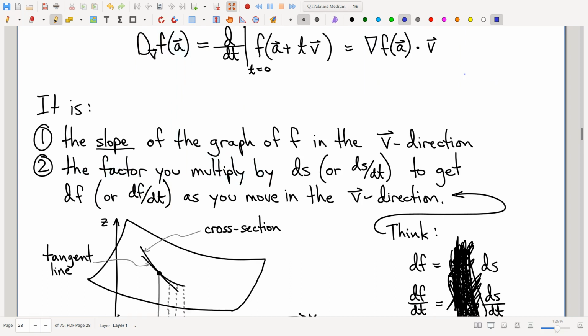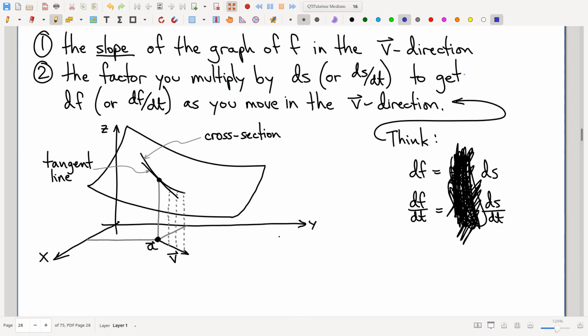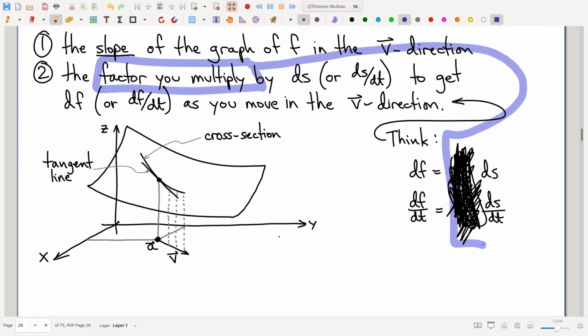Now, I will reveal some notation, viewed as a multiplicative factor: the thing that you multiply by input changes to get output changes. And let's take a quick pause.